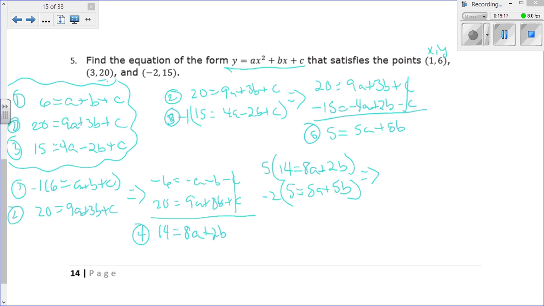So that should give me 70 equals 40a plus 10b, and negative 10 equals negative 10a minus 10b. So my b's cancel out, and I have 60 equals 30a. So a equals 2.